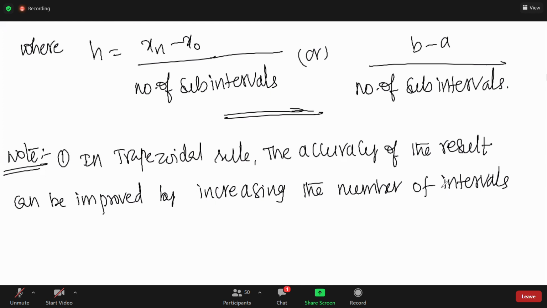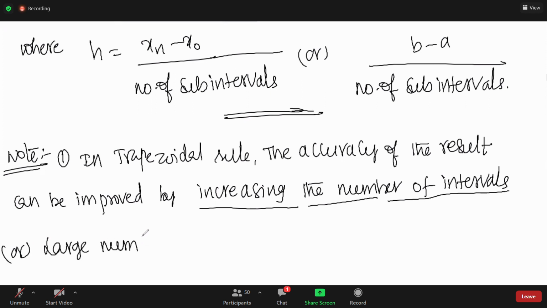That means the number of subintervals, or a large number of intervals. So when will we get the accuracy of the result in the trapezoidal rule? By taking a large number of intervals.